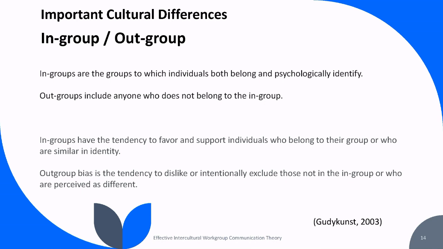And then on the outs, there's that out group bias, where if someone is part of the out group, they are intentionally excluded or perceived as different or not as involved. So we do have these in groups and out groups as far as workplace communication.